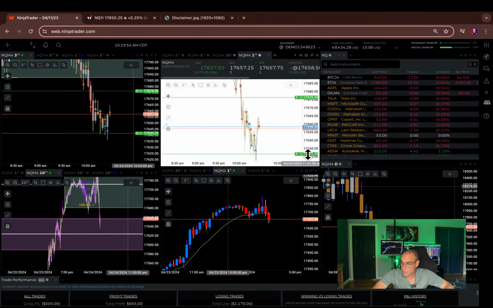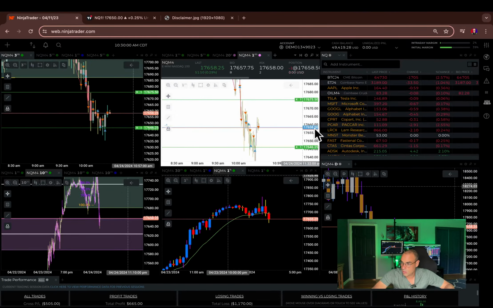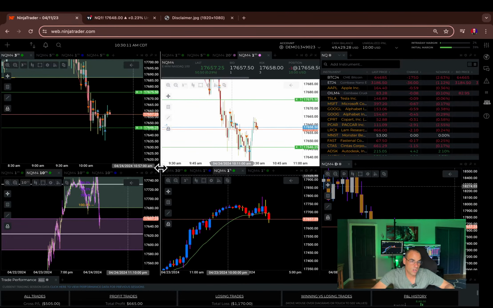But then we have to run the lows. Jeez. So we're just gonna make it a little shorter. Right there. A bit of a too early entry, but it might play out.